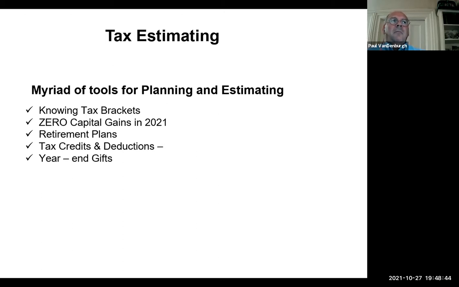It's some big numbers. Something over $10, $11 million, an individual can leave and not pay any estate tax. That's not the case in New York. New York has their own tax on estates, and that kicks in at a lower threshold.